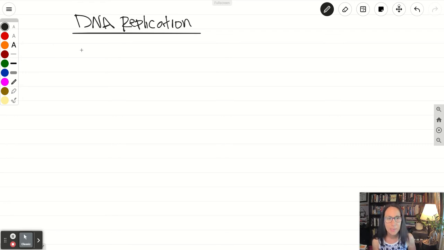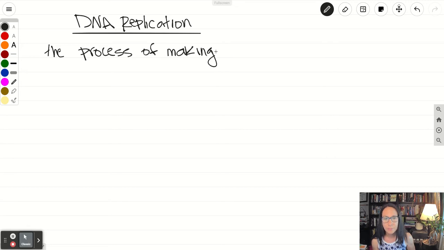That's what it means, is the process of copying all the DNA. I'll say the process of making a copy of all the DNA inside a cell.